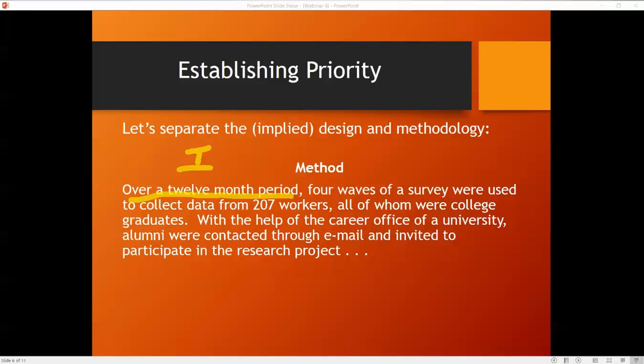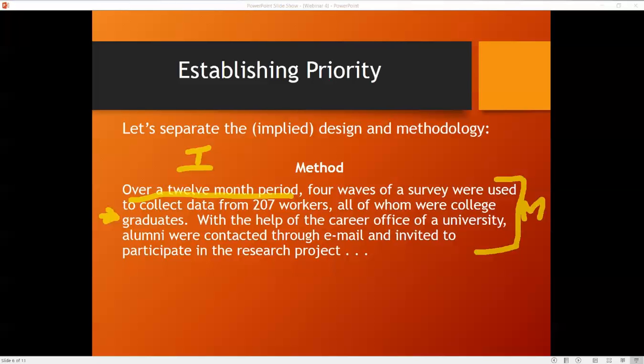And then this is all method. Over a 12-month period, 4 waves of a survey were used to collect data from 207 workers. Then it goes on to describe the way in which those workers were recruited. So the problem really is here when the person is thinking about the recruitment of the people as part of the research design, but the design hasn't really been stated in any case.